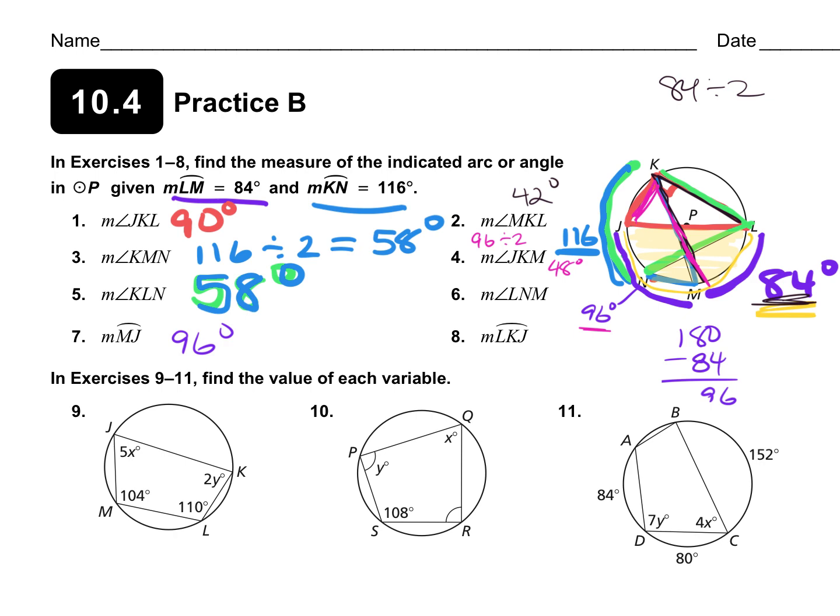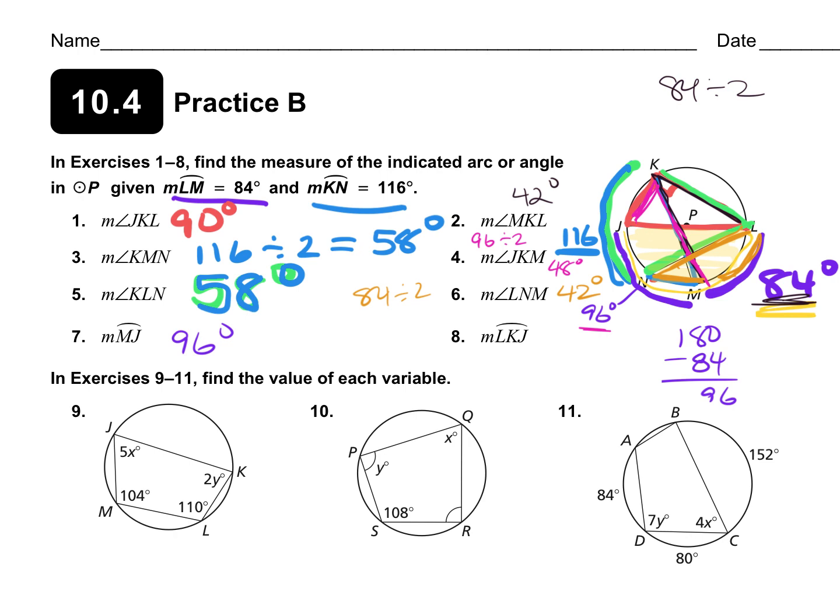And then angle LNM, so let me highlight that one. LNM is this gold one here. Again, it's got the same intercepted arc of 84, so I'm going to do 84 divided by 2, and it's 42 as well.